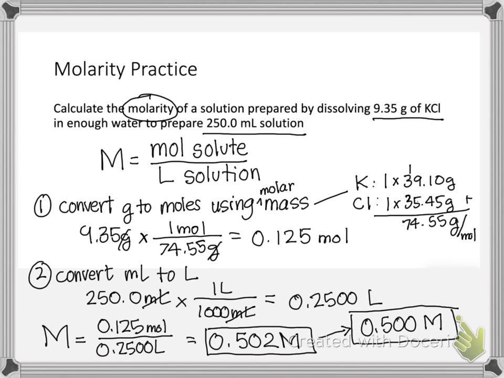To arrive at this answer right here, I had not rounded my moles in my calculator, and I just took that number, not rounded, and divided by the 0.25, and I get the 0.502.